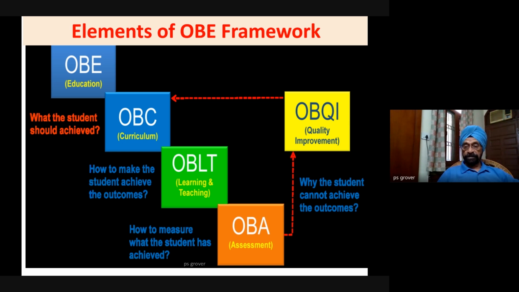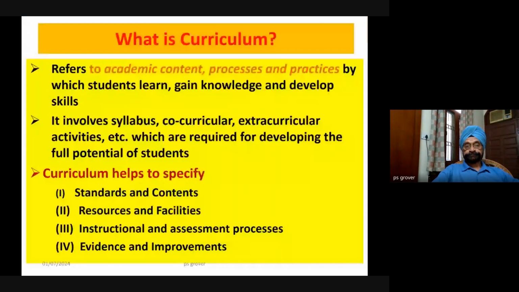Now, if we are not able to find improvement in the student, then we have to look at the curriculum. Why is my curriculum not designed in such a way that the student gains and learns what I want him to learn? That means curriculum is a very important component of the outcome-based education framework.